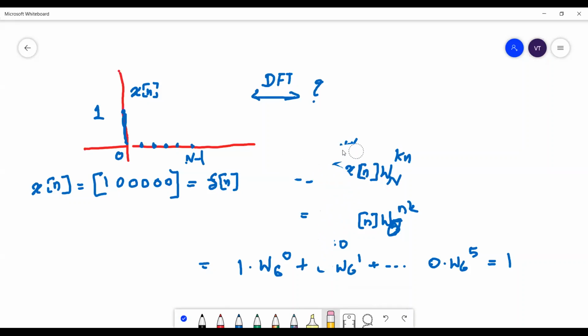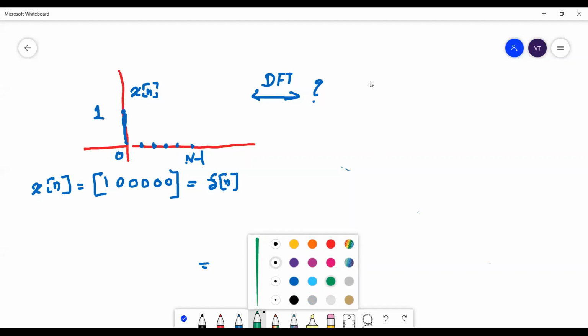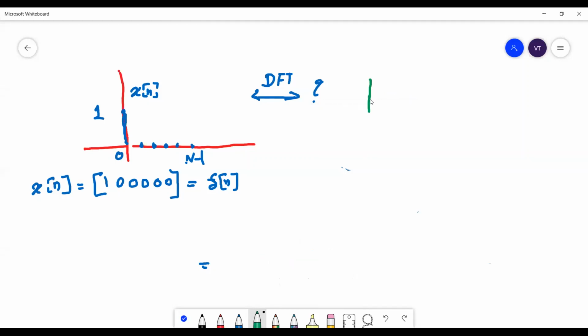this x of k and let us see what x of k will now look like. So if you plot x of k, how many samples should be there in x of k?